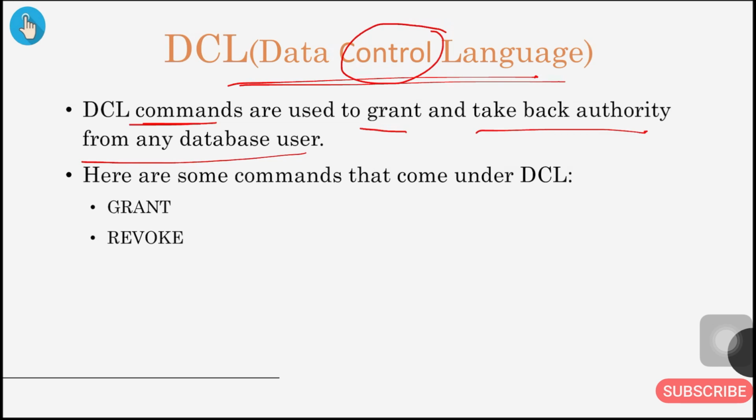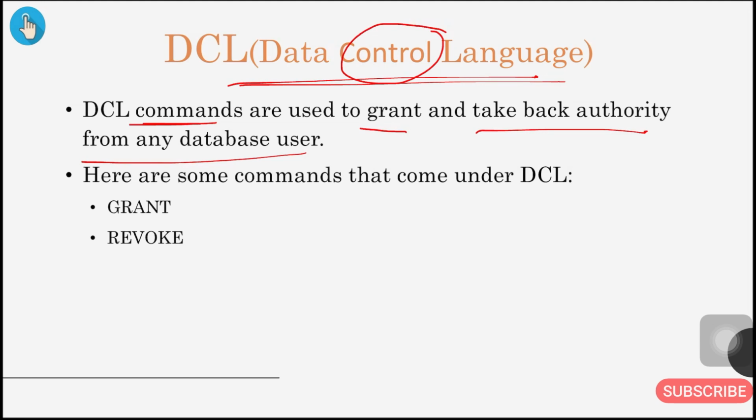Let us say a company has branches in different cities, right? The employees of each branch are different. If one particular branch has to share its data with another branch, it will share its database with that particular branch.